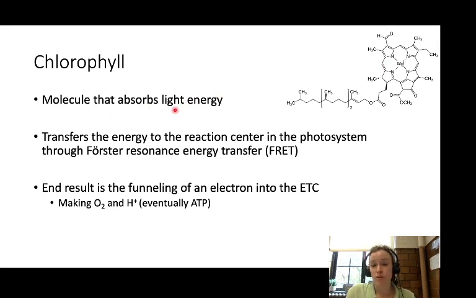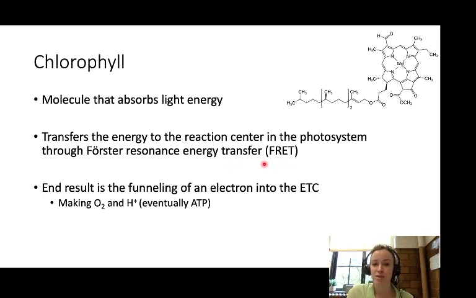Particularly, we know that chlorophyll is important for absorbing light energy to pass on that energy to the reaction centers used in photosynthesis. I think chlorophyll's super cool because the way it transfers energy is super interesting.